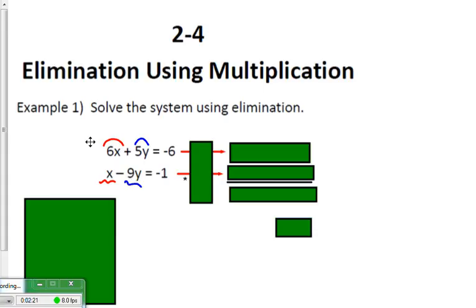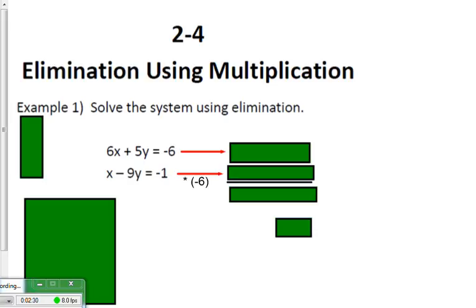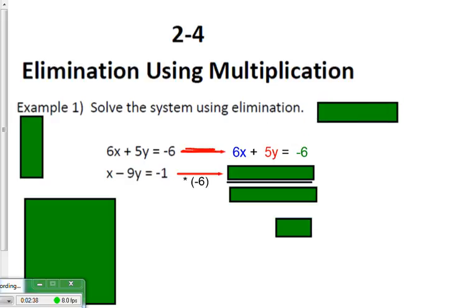Okay, we can take one of our equations or both and multiply them by something so that they will be the same. So in this case, I'm going to change mine. The top one, I'm just going to leave the same. So there's no change. I just move it over, keep it exactly how it was before, as 6x plus 5y equals negative 6.